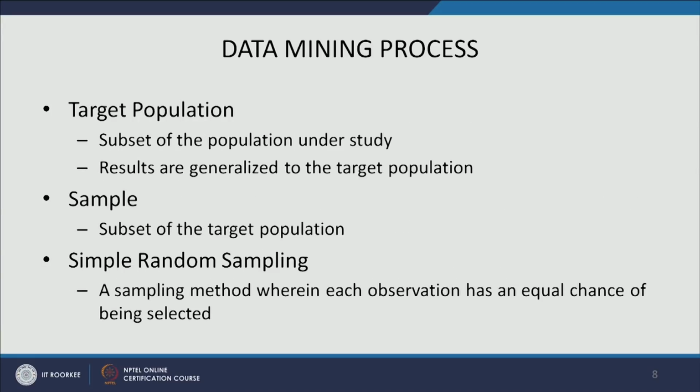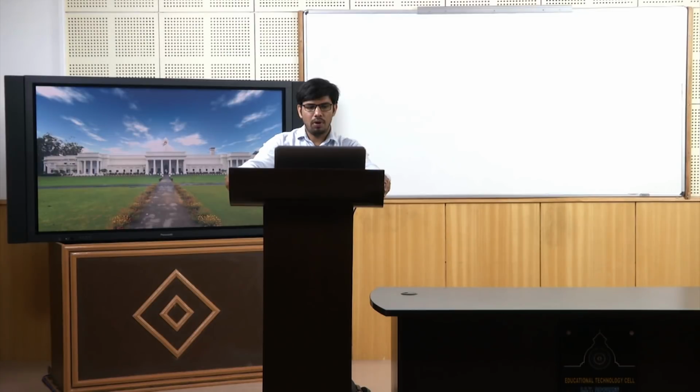Now there are some other key concepts that we need to discuss before we move further. Some of these concepts are related to sampling. We don't need to go into detail of all the sampling related concepts, only what is mainly relevant to a data mining process.